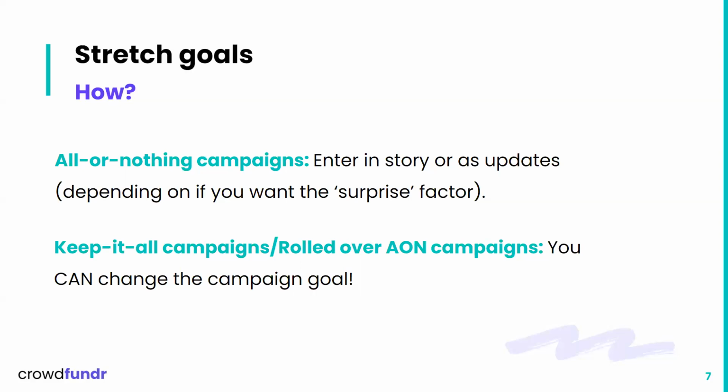If you do that though, my recommendation is to not just change the goal without explaining why, because that's not very trustworthy. It's not very transparent. It can look a little sketchy if you don't explain that this is a stretch goal. All right.